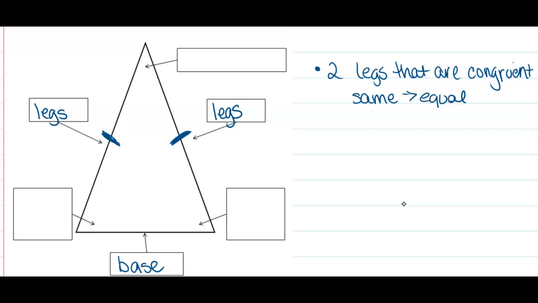And when we have an isosceles triangle, of our 3 angles, the one that is created by the 2 legs is called our vertex angle. And the 2 angles using the base are called my base angles. And the cool thing about isosceles triangles, let me give you a second so you can write it down. Did you spell angles?